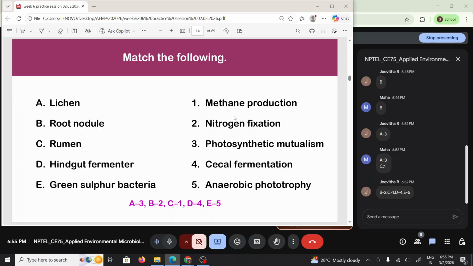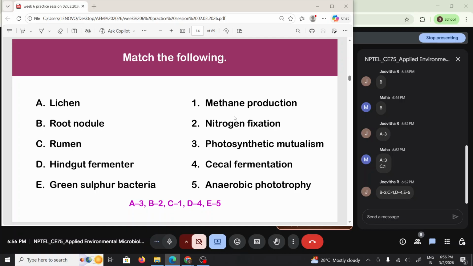This cecum is located at the junction of the small and large intestine, and at this point there are some enzymes that can break down complex fiber and plant material which were not digested in the small intestine. And this process we call cecal fermentation, and the microbes involved here are hindgut fermenters. So that is the match.